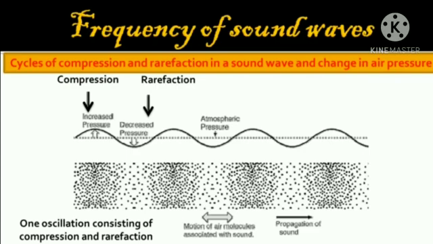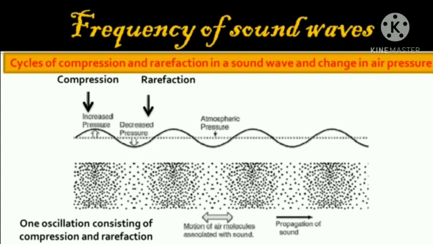If any object vibrates in the air, such sound waves are produced in the air. This is the picture of cycles of compression and rarefaction in a sound wave and the change in air pressure. You can also observe there compression and rarefaction.